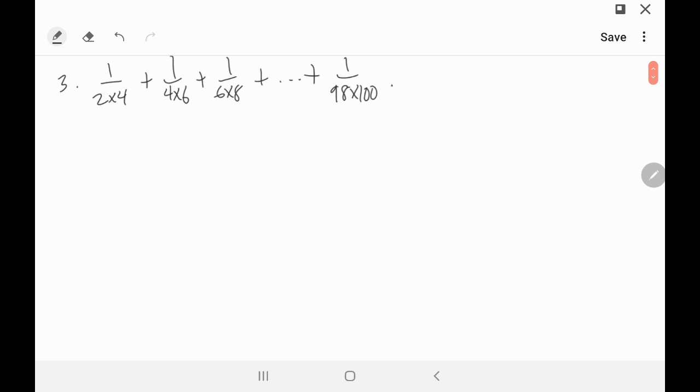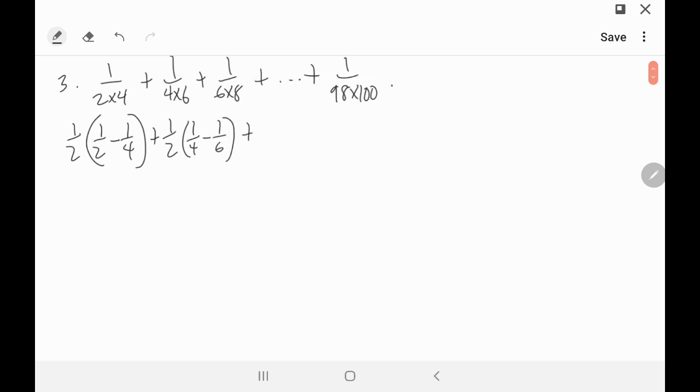Okay, so let's examine again now what happens if we rewrite the first fraction as 1/2 minus 1/4. That would not be equal to 1 over 2 times 4, because this would be equal to 2 over 2 times 4. So to make it equal to the given fraction, again we multiply it by 1/2. So everything else will be multiplied by 1/2.